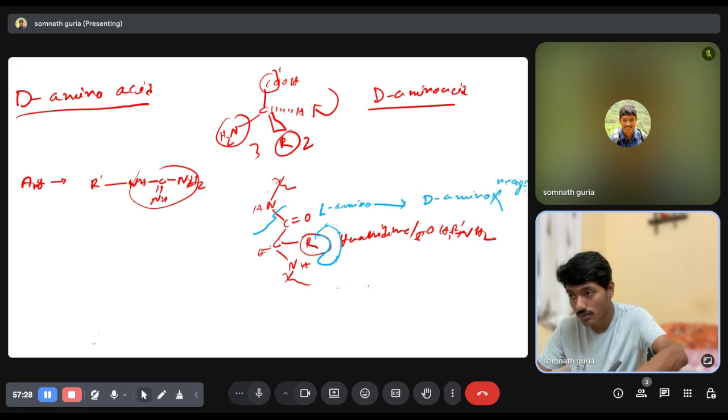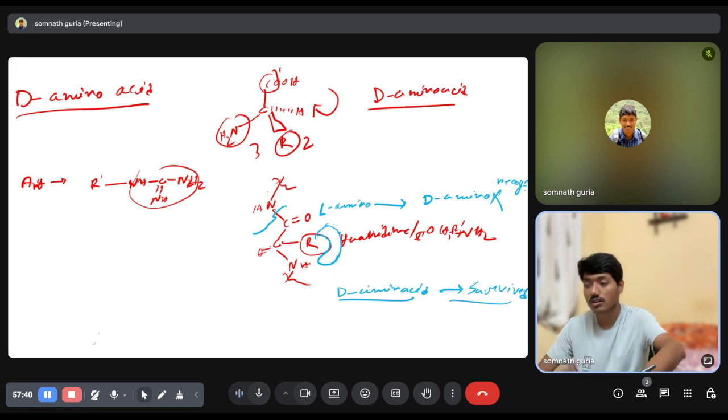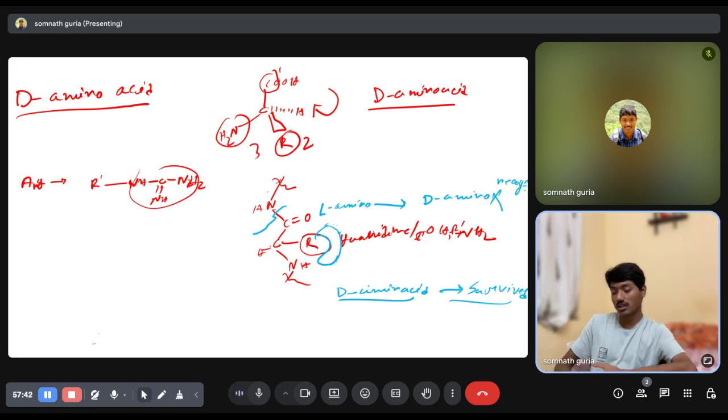If it is a D amino acid, it survives. Okay, so the more important thing is that if chirality is changed, our molecular recognition actually changes. This is the fundamental thing we have to think about.